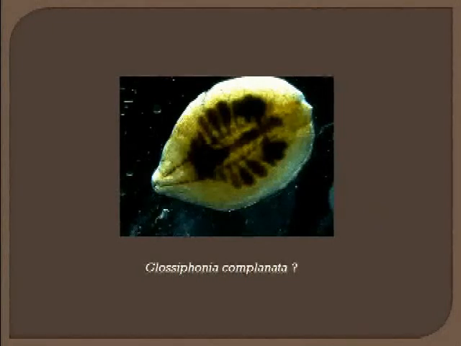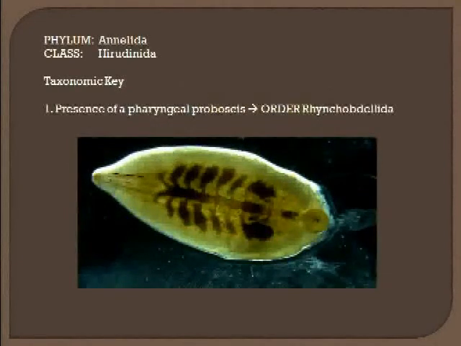Okay, thank you. So I'm going to go through the process of classifying the Glossophinia complanata. They belong to the phylum Annelida, class Hirudinea. And then using the taxonomic key, the first question it asks is, is there a presence of a pharyngeal proboscis?